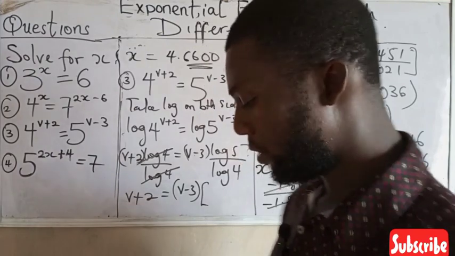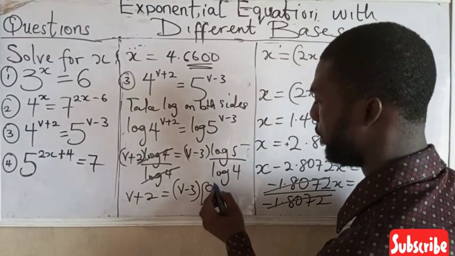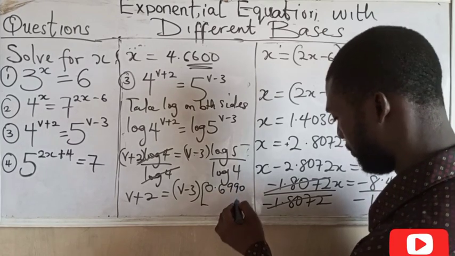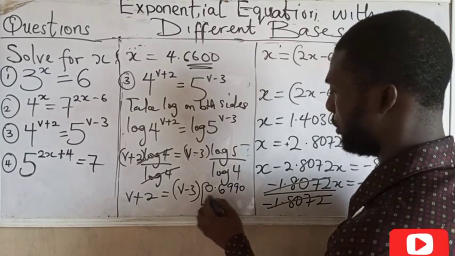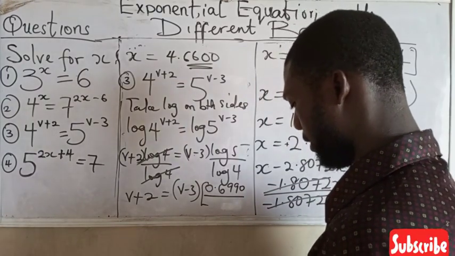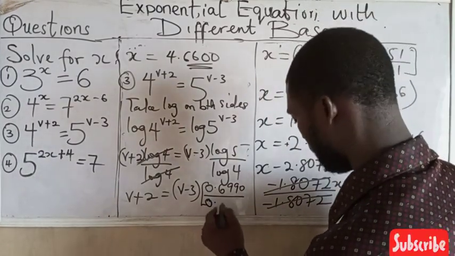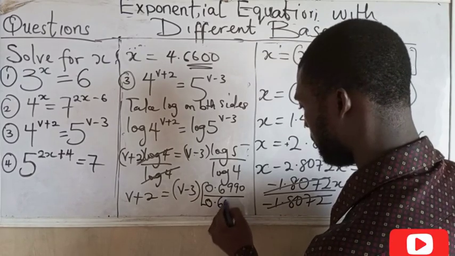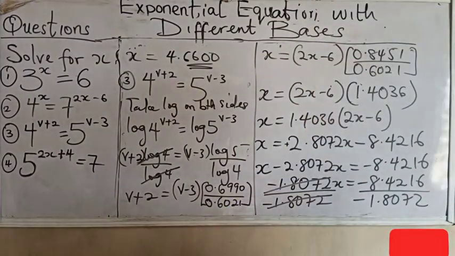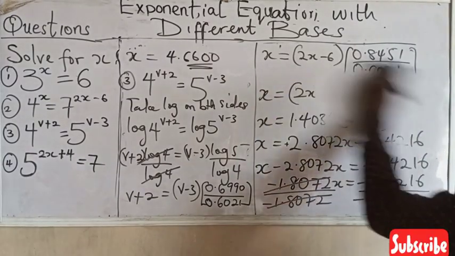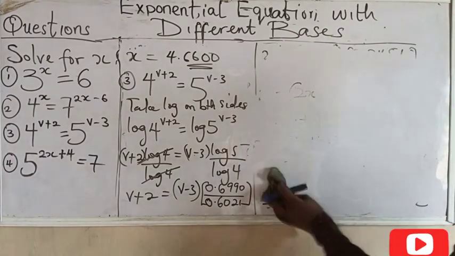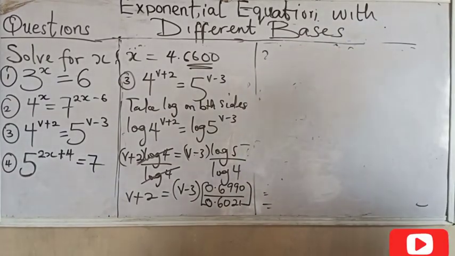So let's divide log 5. What is log 5? Log 5 is 0.6990 divided by log 4, which is 0.6021. Then the next thing to do is for us to divide.